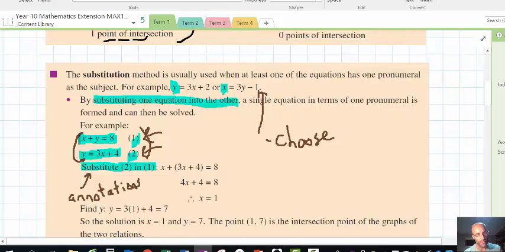So 2 into 1. But what does that mean? If you look closely, whenever I have y, I could write 3x plus 4 instead, and it would still be true because y equals 3x plus 4. So that would be true still, wouldn't it?